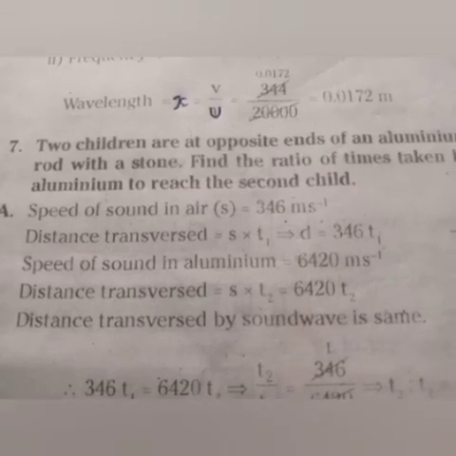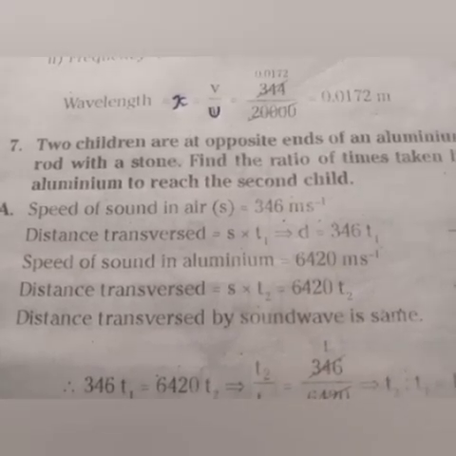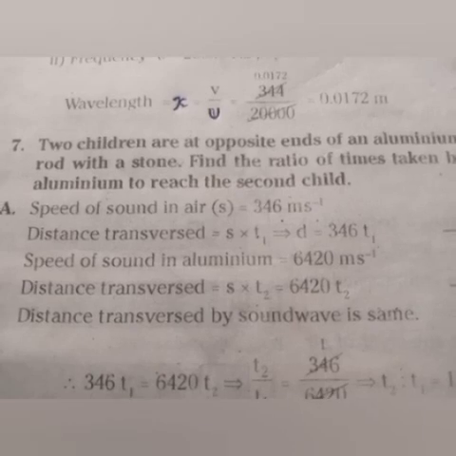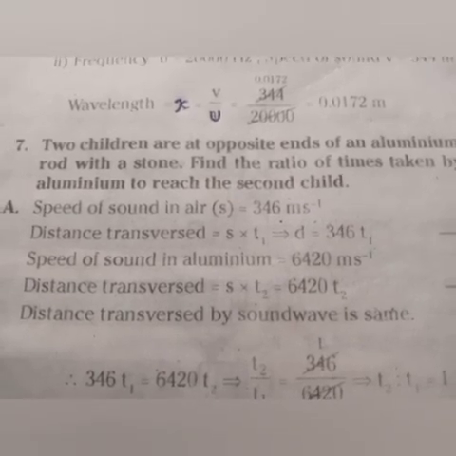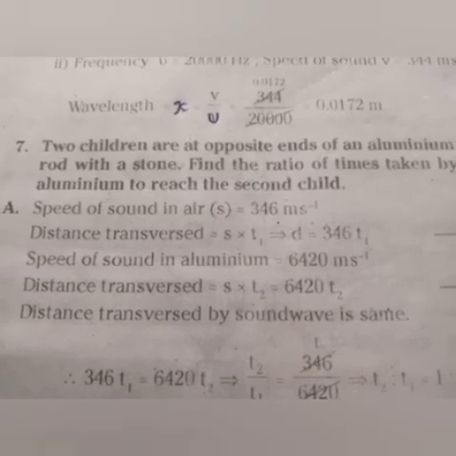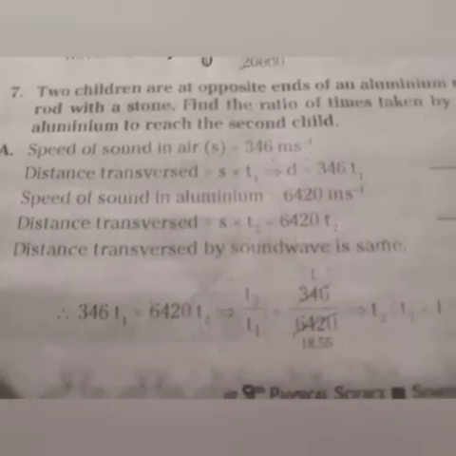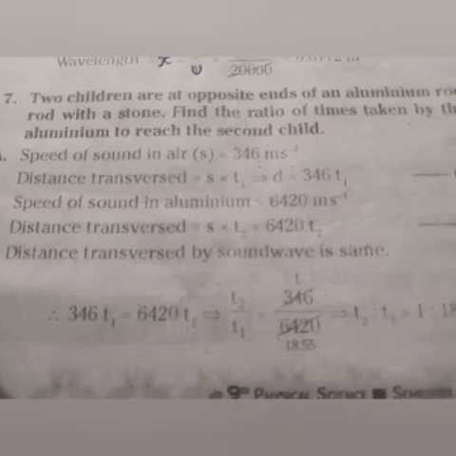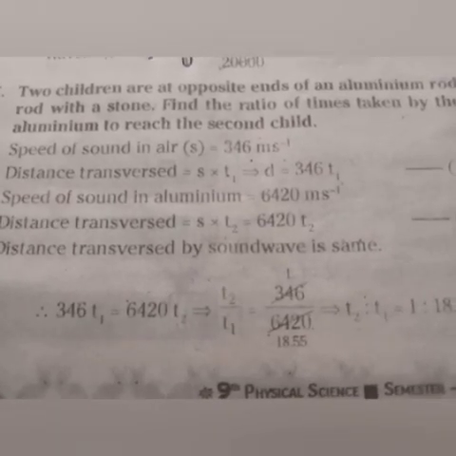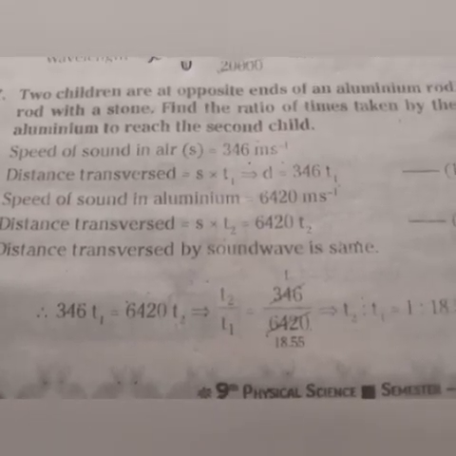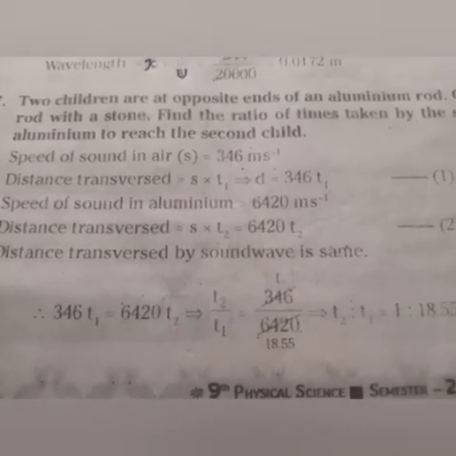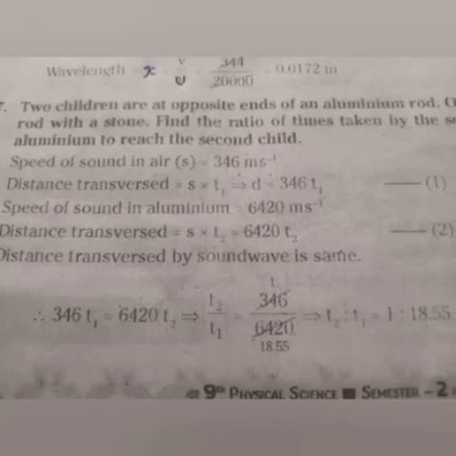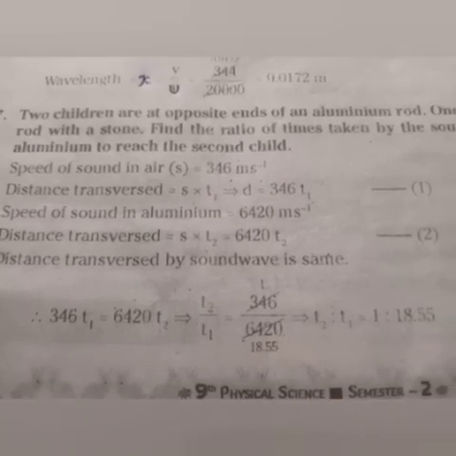Speed of sound in aluminium = 6420 m/s. Distance traversed = s × t2 = 6420 t2. Distance traversed by the sound wave is the same. Therefore, 346 t1 = 6420 t2, implies t2/t1 = 346/6420.